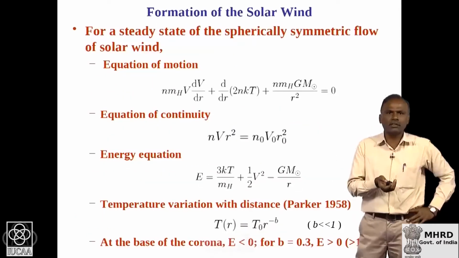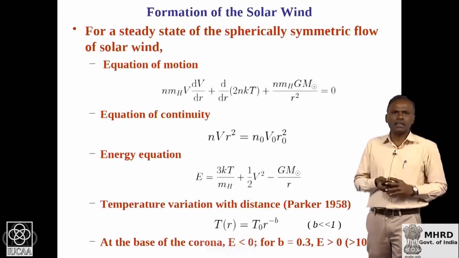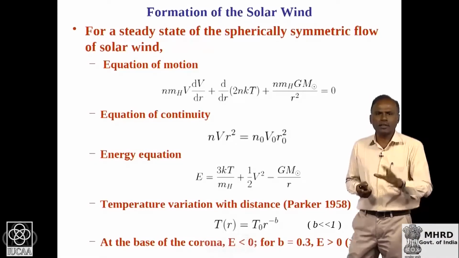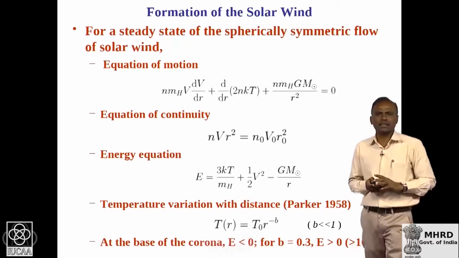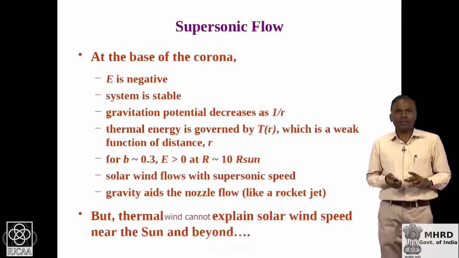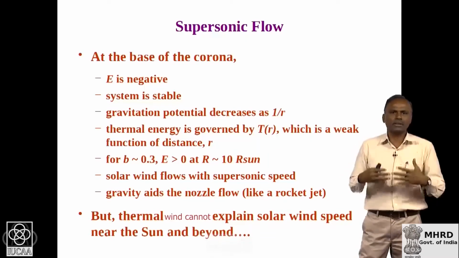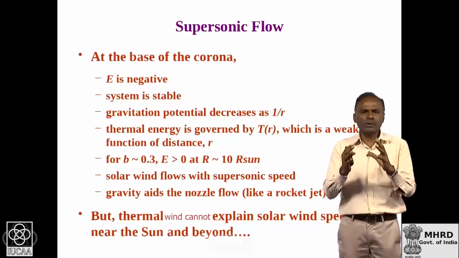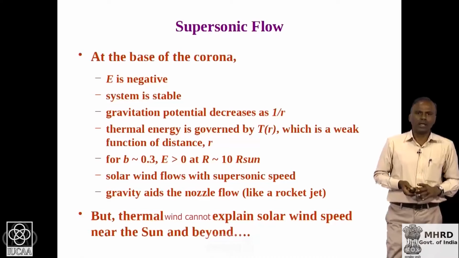For example, in this equation, the energy E equals thermal energy plus kinetic energy plus gravitational energy. This equation gives energy less than 0 for distances less than 10 solar radii, but at about 10 solar radii E becomes positive, then solar wind flows with supersonic speed. And for example, gravity supports as the nozzle flow, like a rocket jet the solar wind flows.